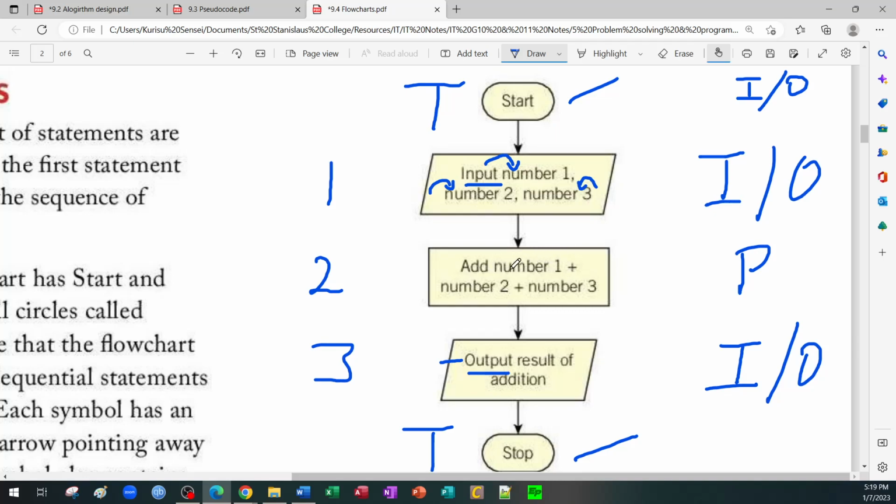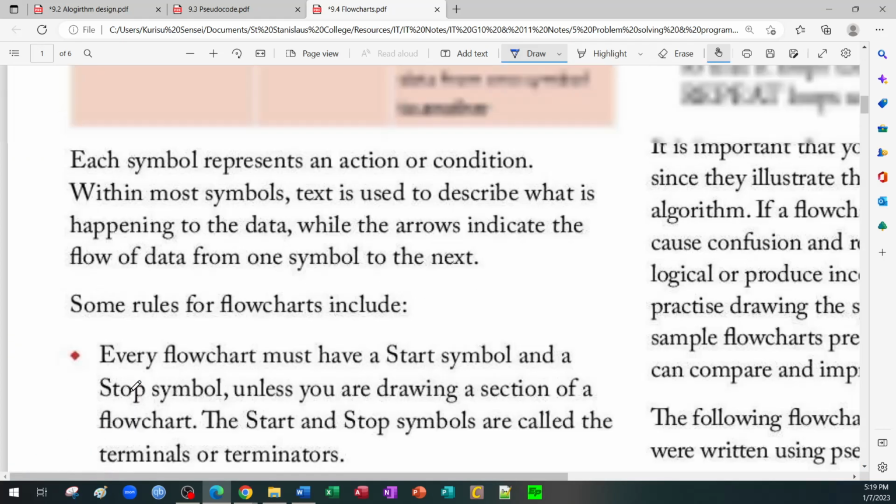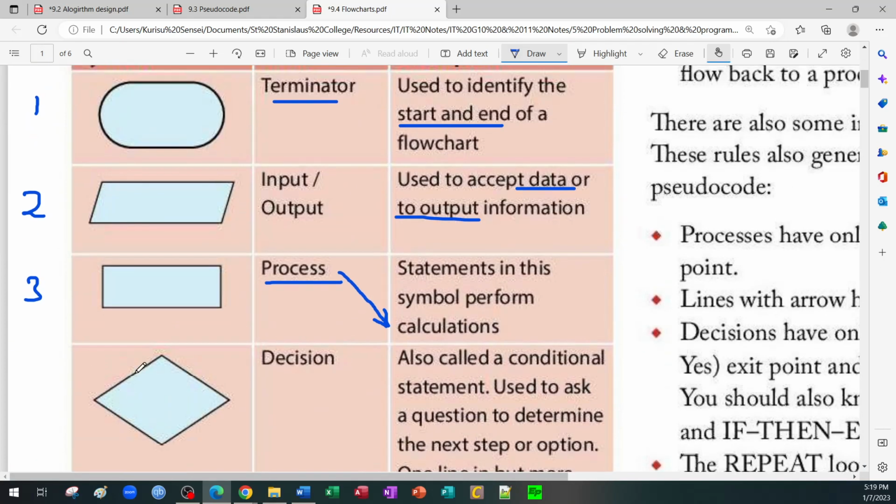So we're adding these 3 variables together. Thus we have a calculation inside of the process symbol. So that's 3 symbols we covered so far.